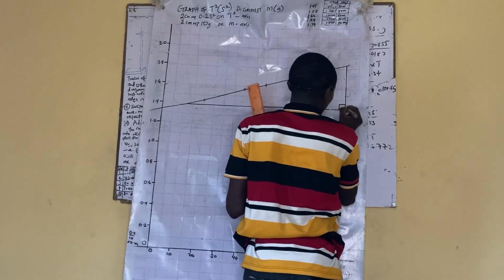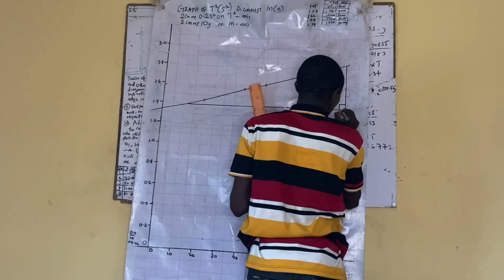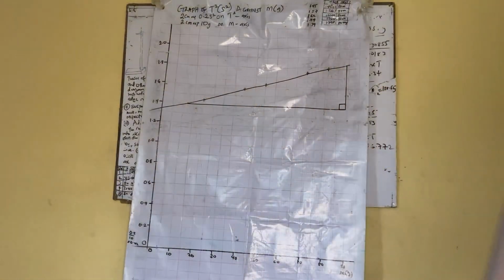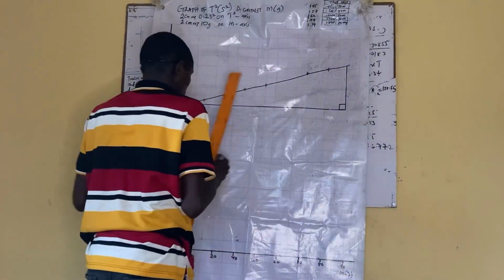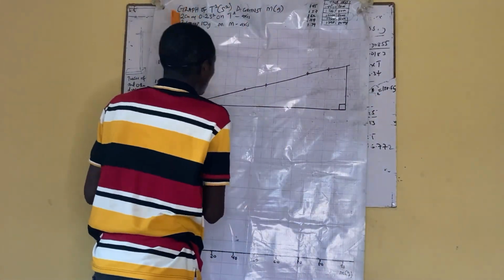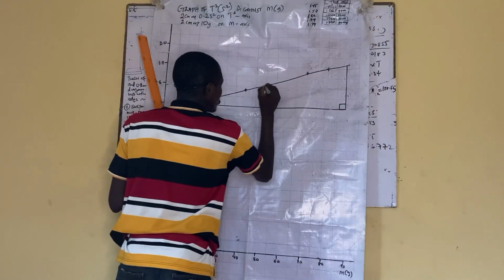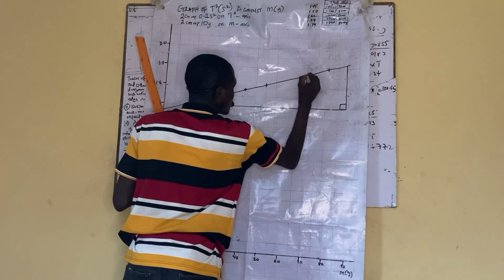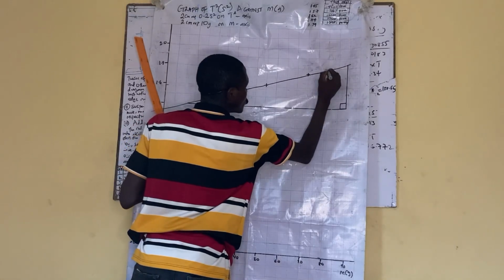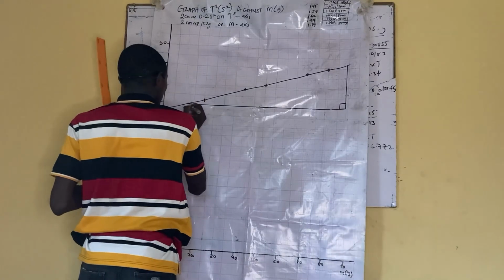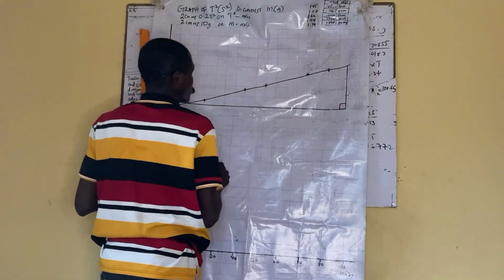Okay, so this is the right angle. Let me check the camera. So you can see that the point is still here intact. Now we have our plot. So these are the 5 points that we have.